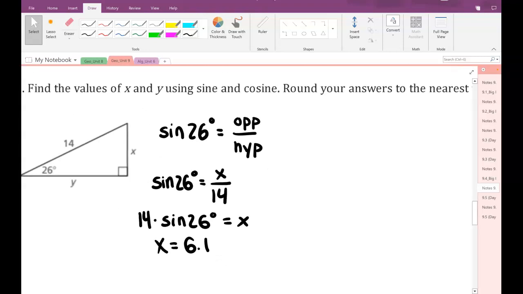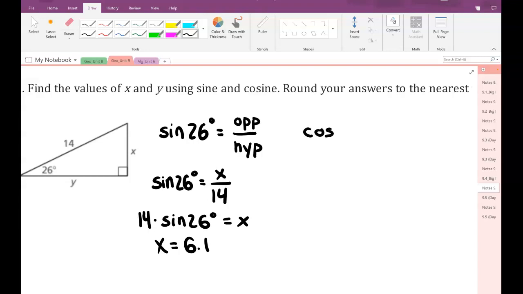All right, now let's use the same angle, but now we're going to use cosine to find our other side. Because there's no way that we can solve for this adjacent side without using cosine. We could use tangent, but it specifically asks to use cosine. So we're going to follow what it asks.